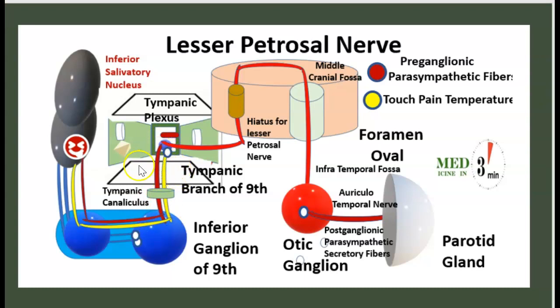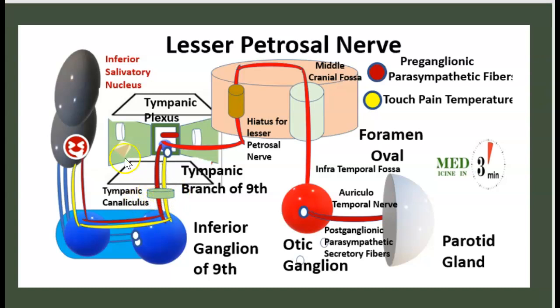To reach the middle ear, they pierce the floor of the middle ear to reach the promontory in the medial wall of the middle ear. The fibers go superiorly through a bony inferior tympanic canaliculus.